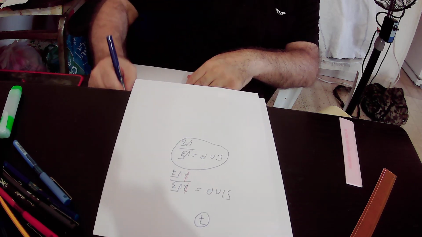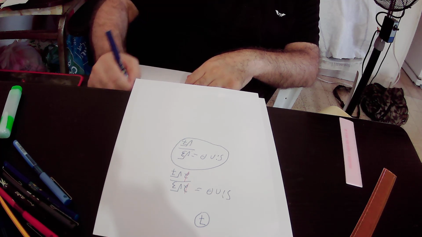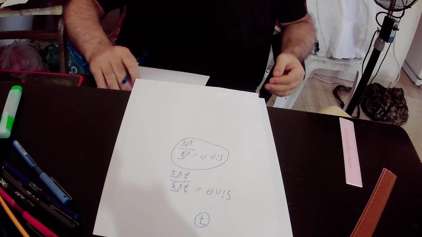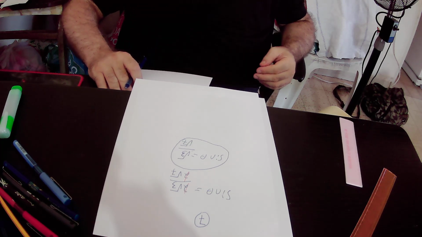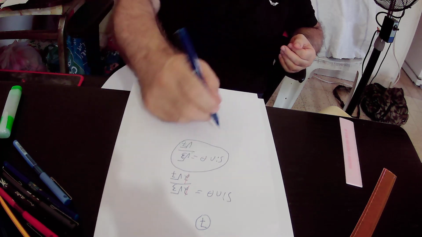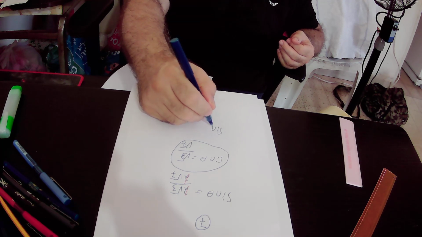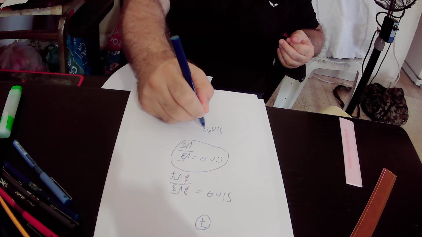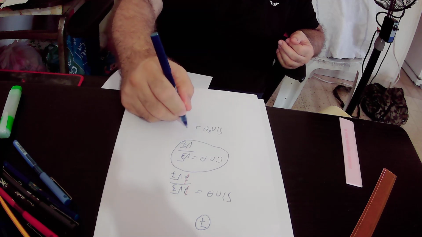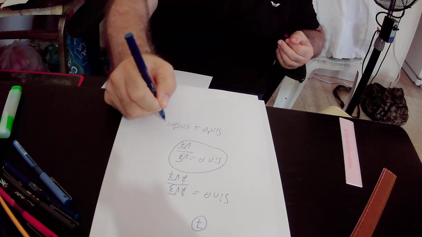Okay, in the next step we will find the value of cosinus theta by using a trigonometric identity that states that sinus theta squared plus cosinus theta squared equals 1.